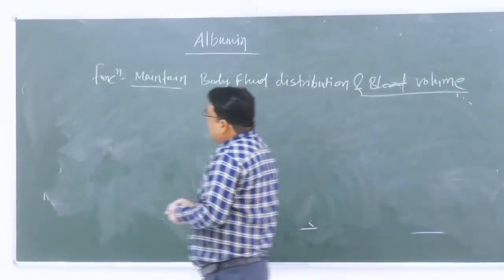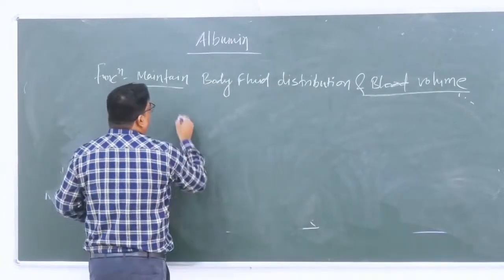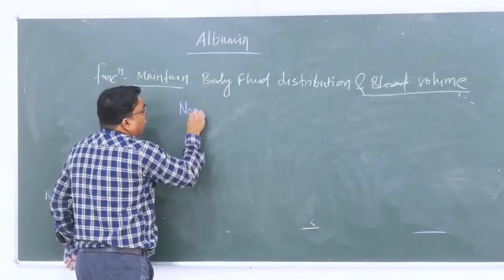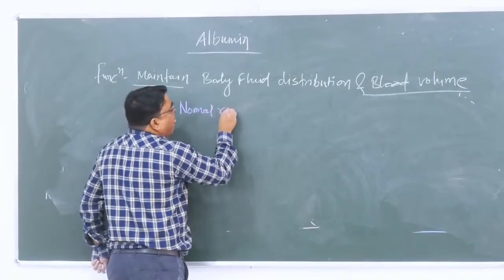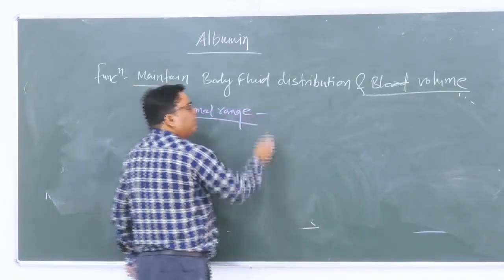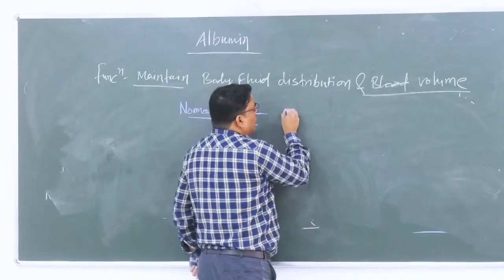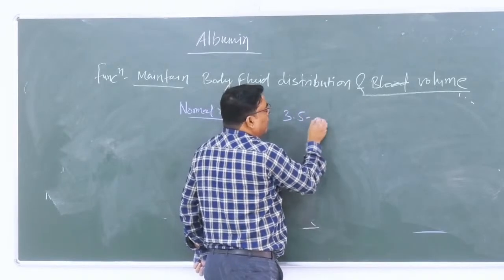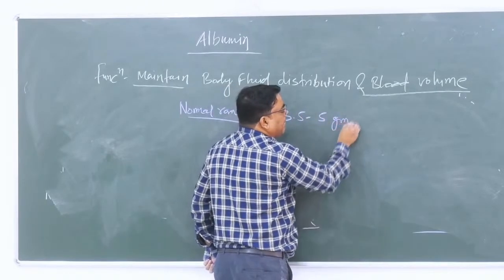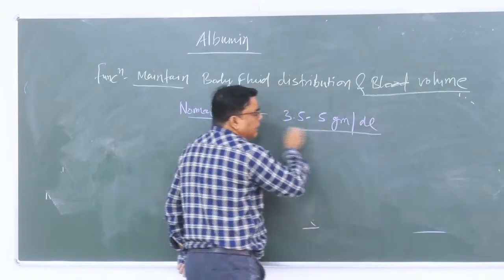Okay, the normal range you already know. The normal range of this albumin is 3.5 to 5 gram per dl.